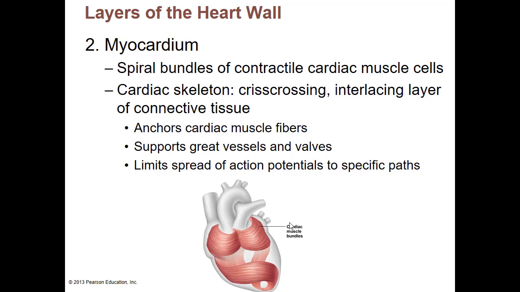A lot of that is to help with electrical signals making it to all the different places of the heart. It helps limit the action potentials, the electricity, to very specific paths. We want the top part of the heart to contract, then the bottom part, always top then bottom, and the muscle is arranged to help with that.